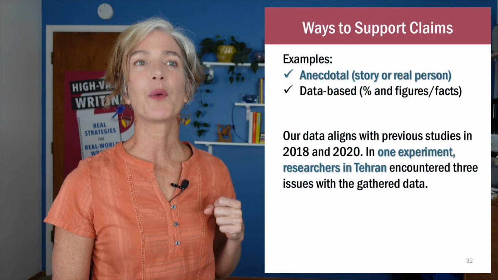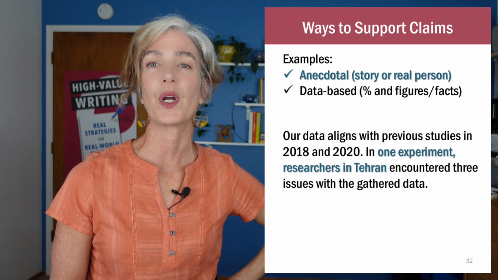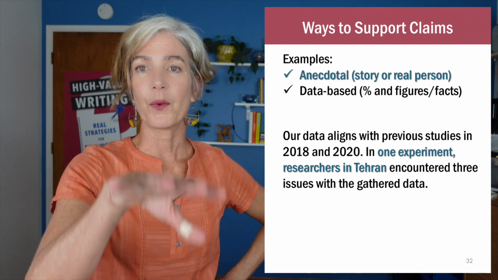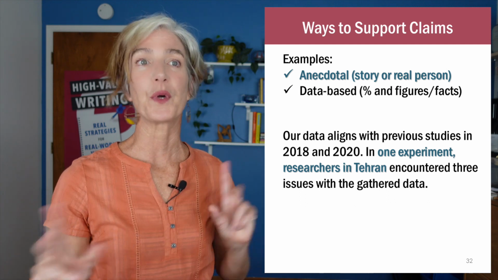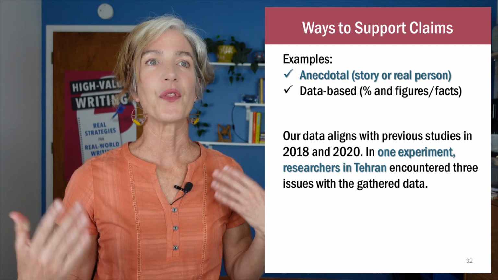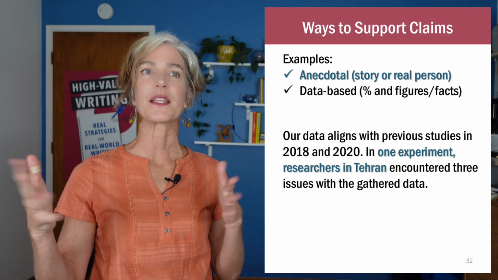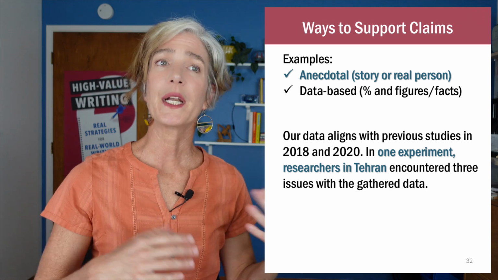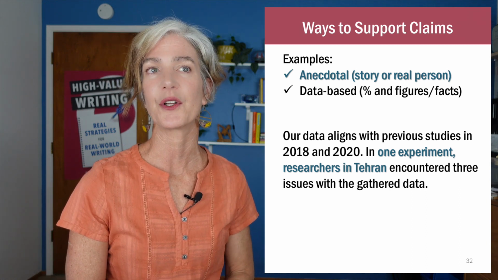Couple examples of supporting with examples. Examples of examples. Anecdotal, story or real person. Our data aligns with previous studies in 2018 and 2020. And by the way, these are all just examples that I am making up and not always proving, right? This is about a study in Tehran that I'm sort of referencing as a made-up example, okay? In one experiment, researchers in Tehran encountered 3 issues with the gathered data.